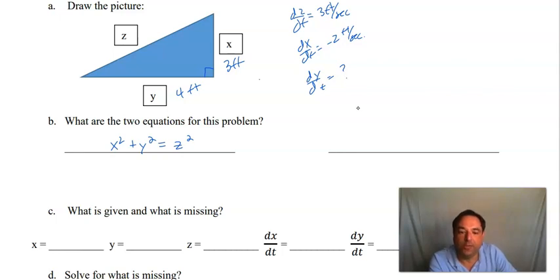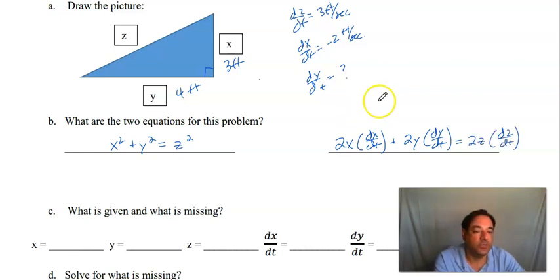So when we take the derivative of x squared, that is 2x dx over dt, the derivative with respect to time, plus the derivative of y squared, which is 2y, the derivative of y with respect to time, equals then the derivative of z squared, which is 2z, the derivative of z with respect to time. So it starts with these 2 equations.